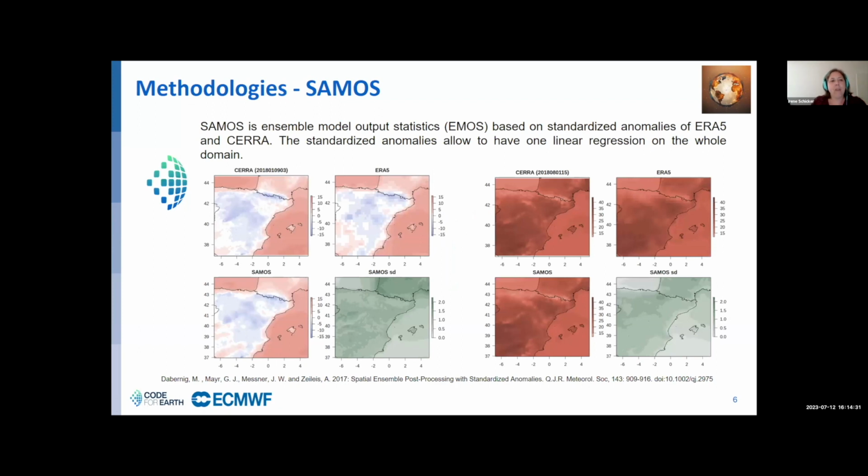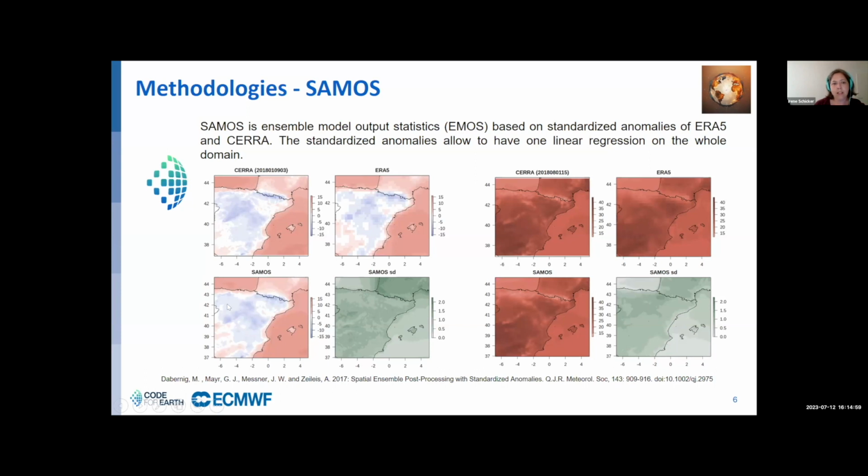Right now we are finished with the SAMOS approach. SAMOS is based on ensemble model output statistics, which some of you might know. The standardized anomalies also allow us to have a single linear regression for the whole domain. On top, you see the ground truth. This is the ERA5 input.